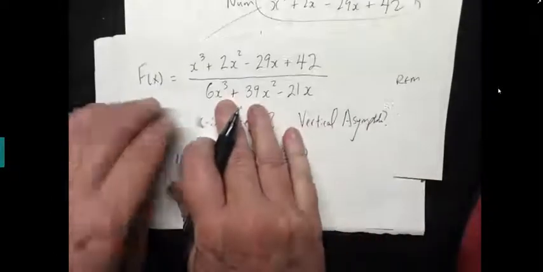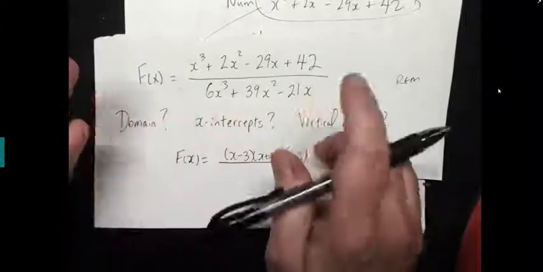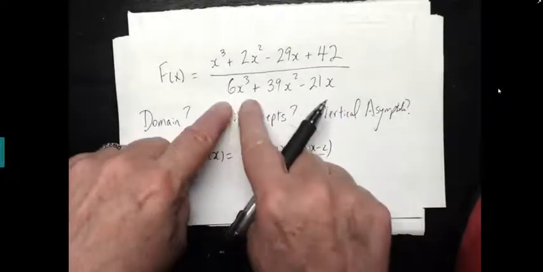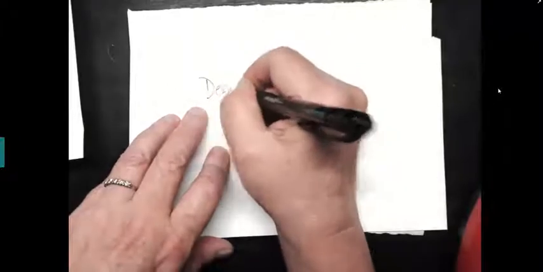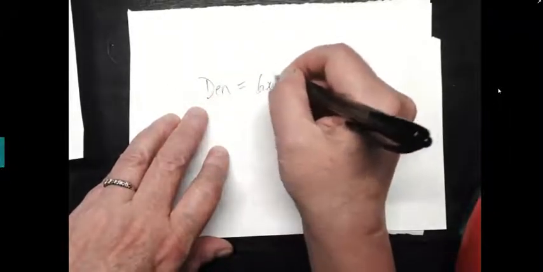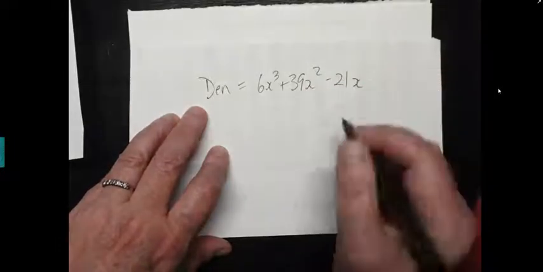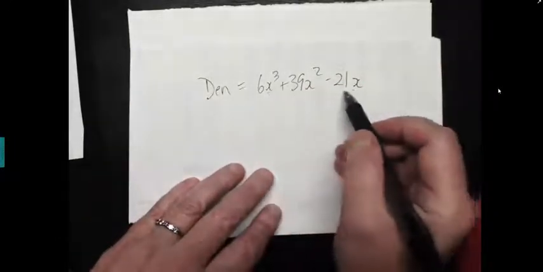Now what about the denominator? Well, I could put that into my calculator and look for x-intercepts and do synthetic division, but the first step should always be to see if there's anything that can factor out. And we can see here, well, they certainly have at least an x in common.